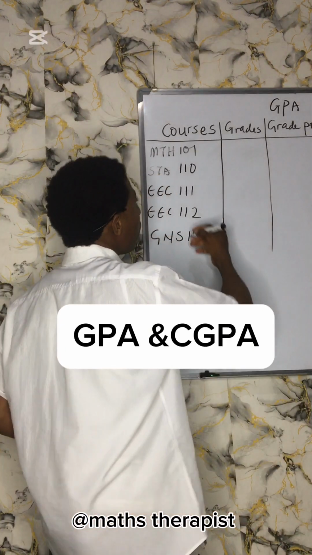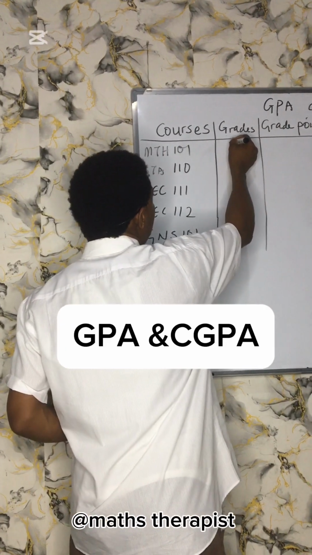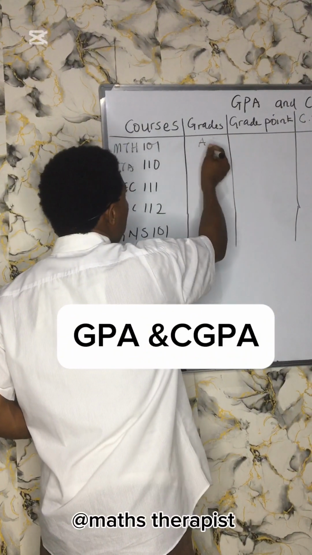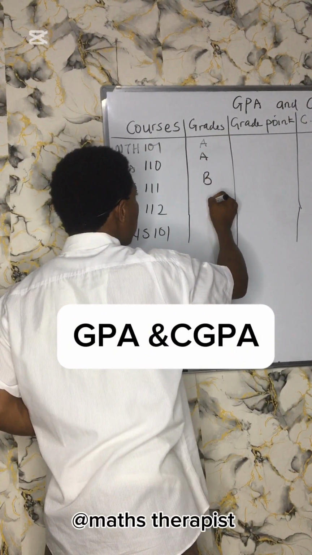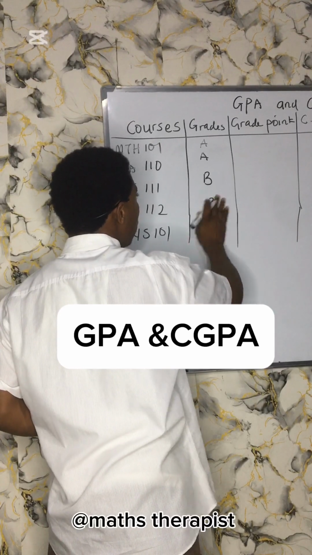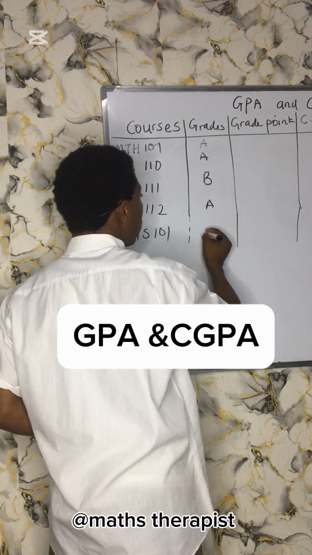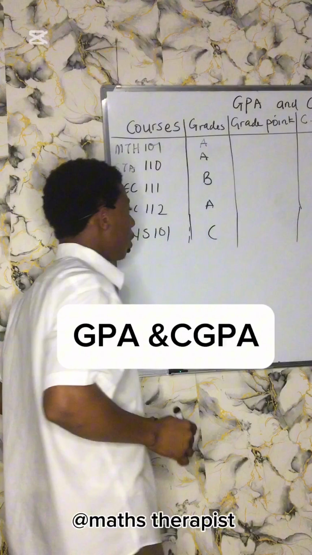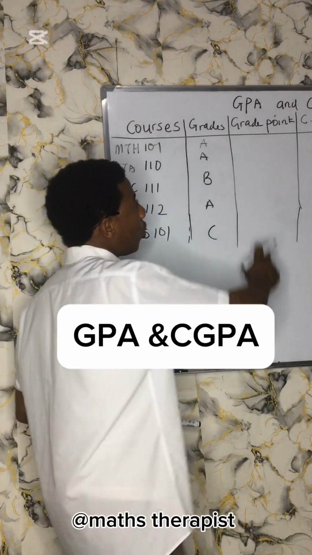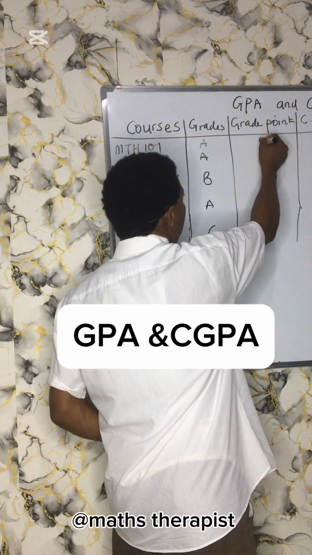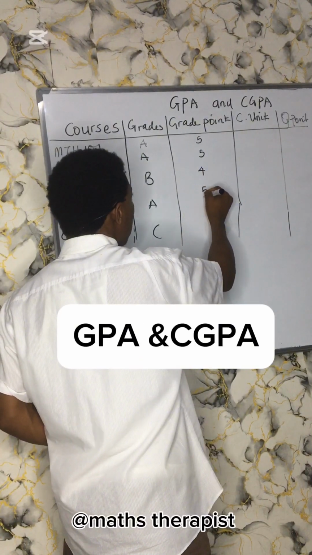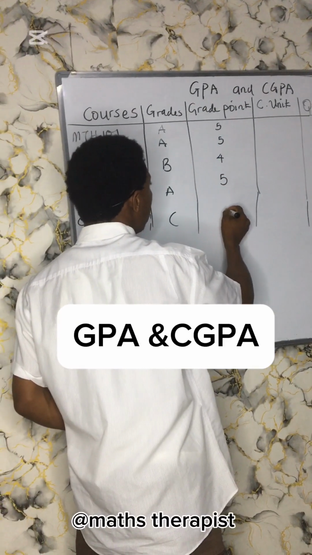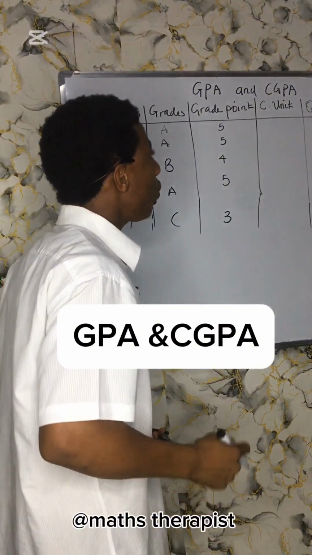Let's assume this person had A, this one had A, B here, A, and C in GNS. The grade point for A is 5. We have here 5, 4, 5, and this will be 3.